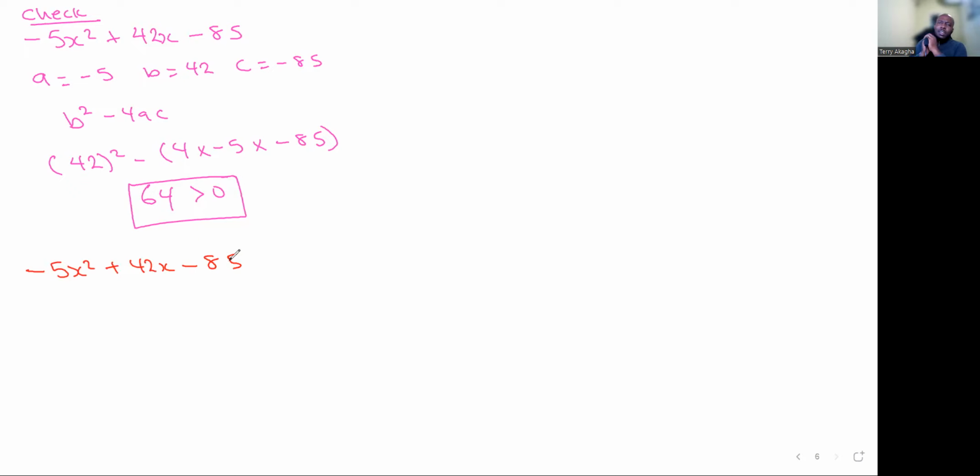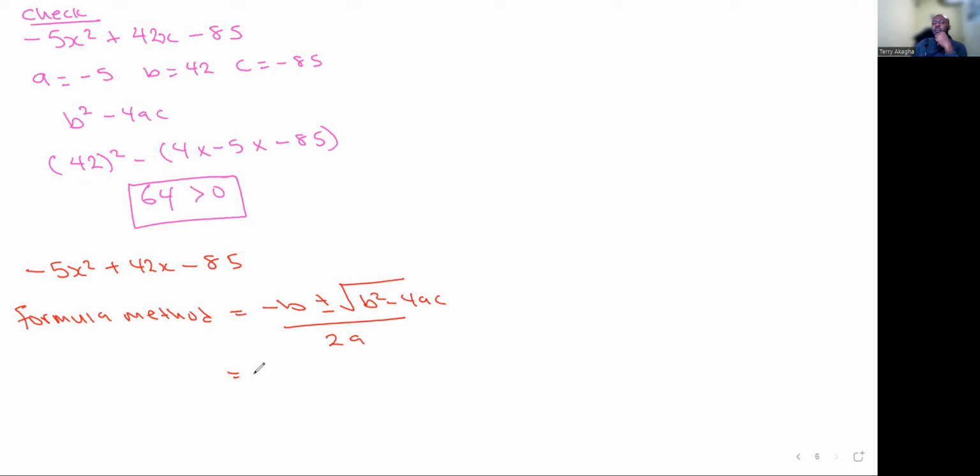I've been using the factorization for a long time, and also the trinomials when a is equal to 1 or not equal to 1. But this time I'm going to try and use the formula method. Any of the methods should give you the same answer. So remember the formula method, which is minus b plus or minus square root of b squared minus 4ac, divided by 2a.